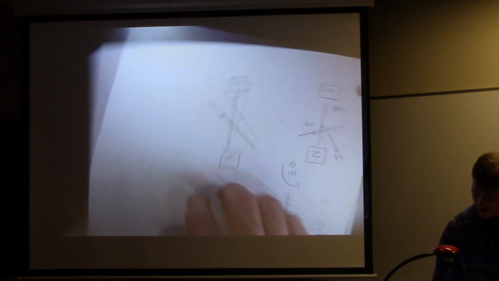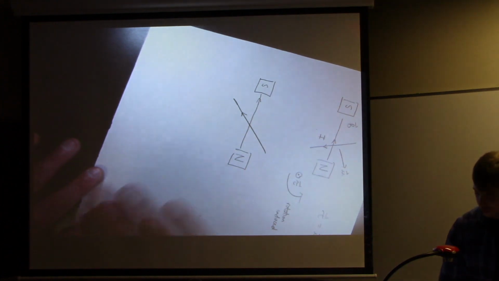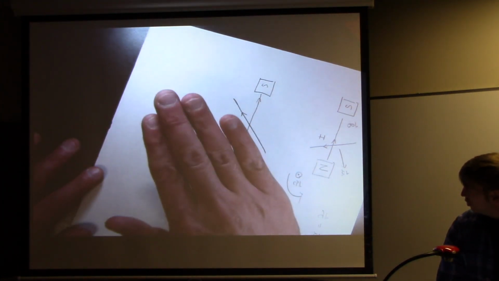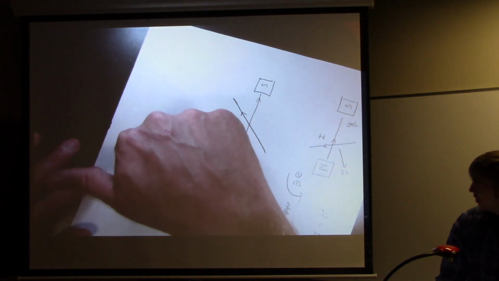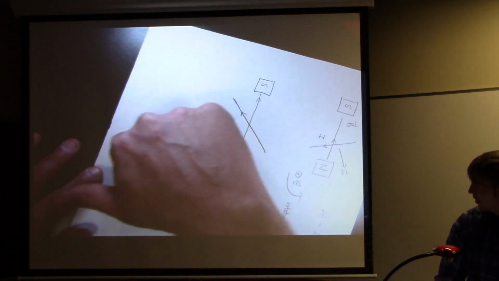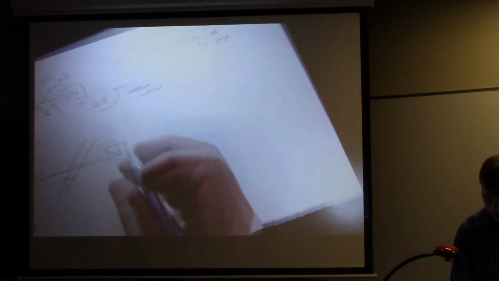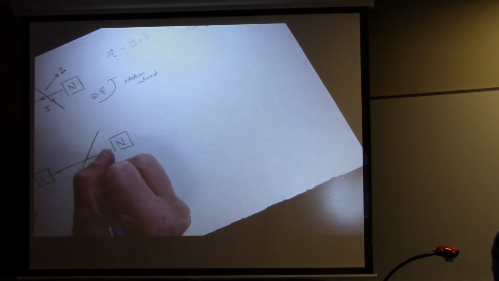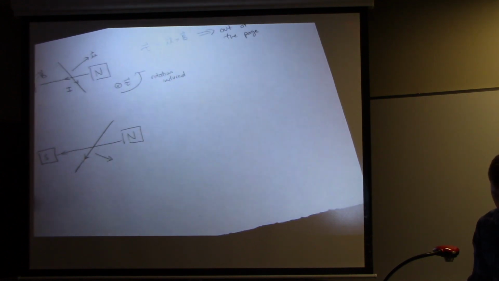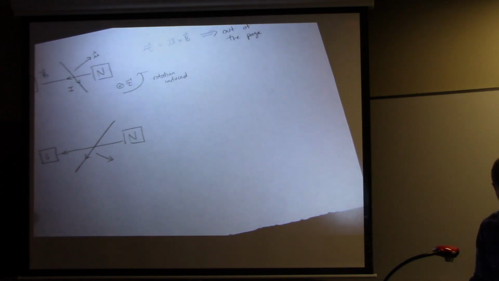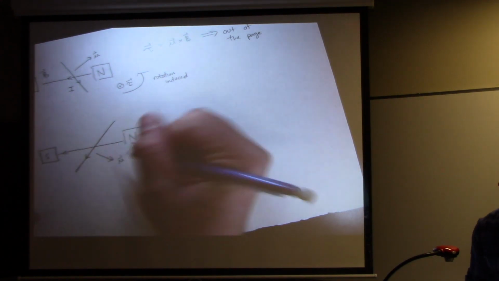So now my mu vector, if we do the right-hand rule, so I curl my fingers in the direction of the current like this. Now my thumb is pointing like this, which in our diagram would be kind of down and to the right. Okay? So there's my mu vector.